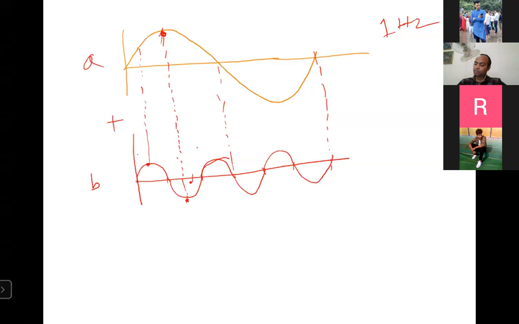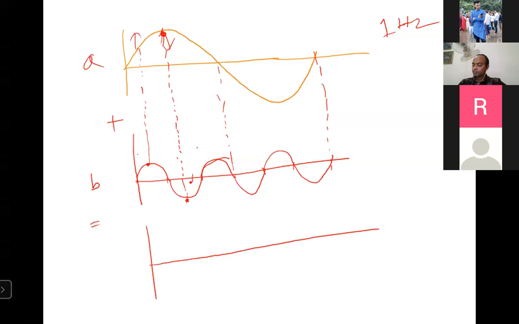That means this will go up and this will go down. So if I draw the resultant, what I will get will be somehow like this.